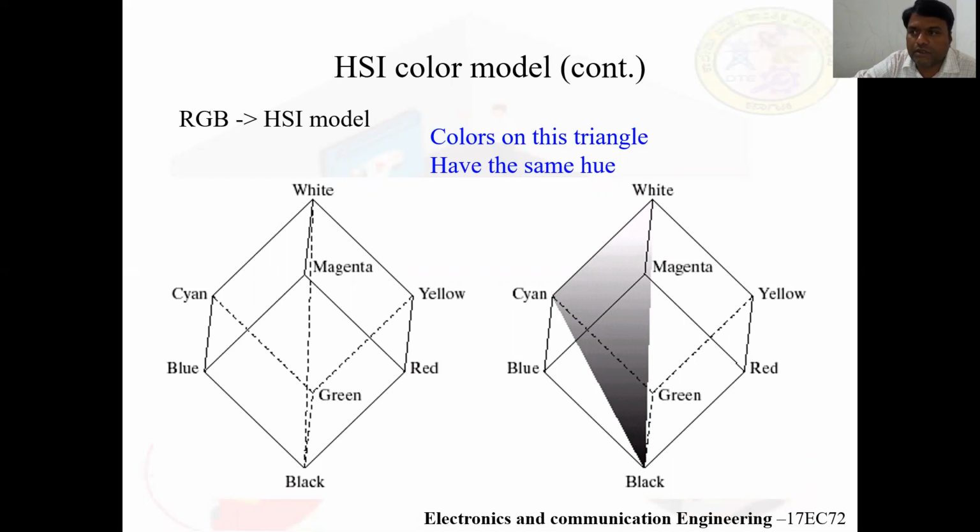Thus, if we want to determine the intensity component of any color in the image, we should simply pass a plane perpendicular to the intensity axis and containing the color point. The intersection of the plane with the intensity axis would give us the point with intensity values in the range 0 to 1.